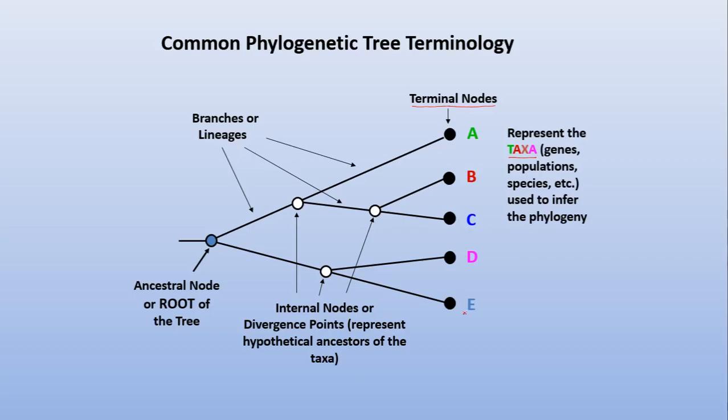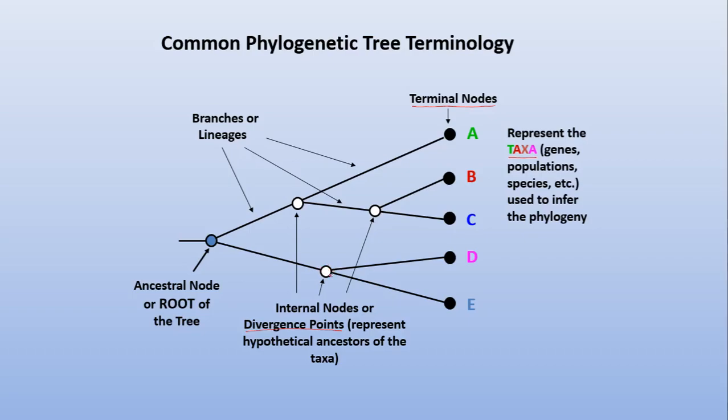So besides the presence of terminal nodes, your phylogenetic tree can also have internal nodes, which are also sometimes referred to as divergence points. These divergence points represent the common ancestor of the terminal nodes, or you can say they represent the hypothetical ancestors of your terminal nodes. So over here, the internal nodes are represented by these white circles or white spheres.